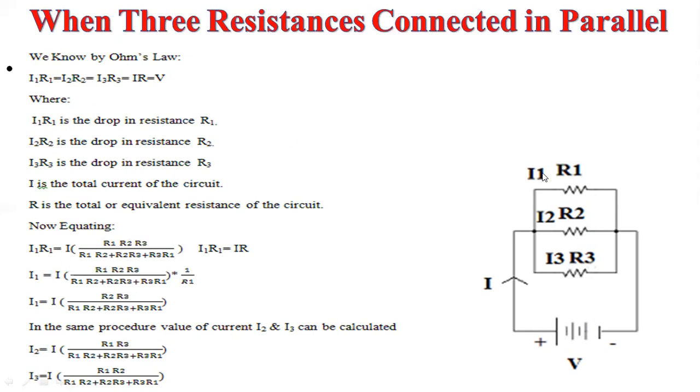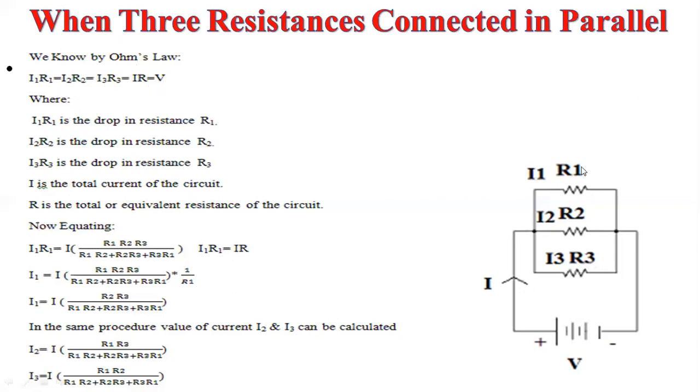So the drop across resistance R1, R2, R3 is equal to the total drop of the circuit, and the total drop of the circuit is IR, which is equal to V. So now we equate one by one.